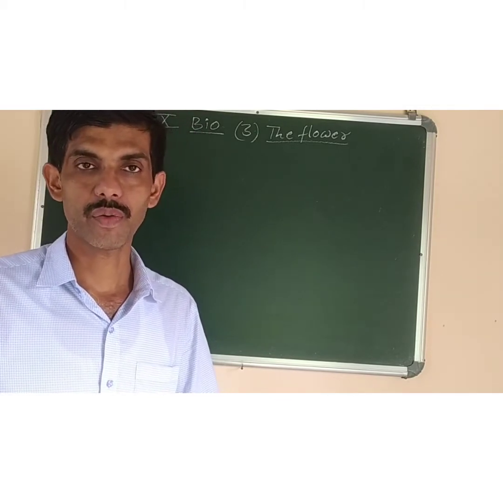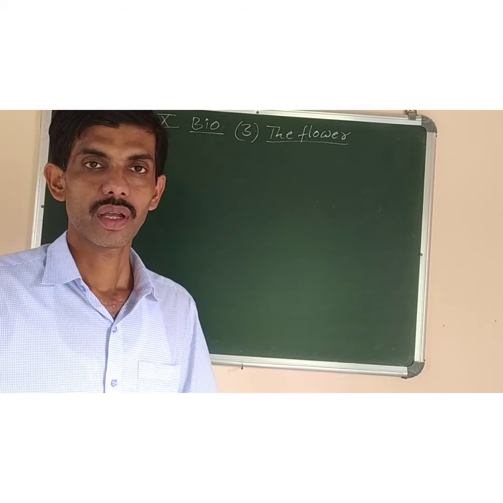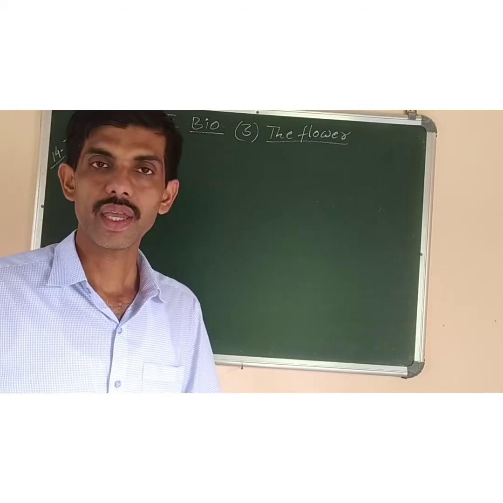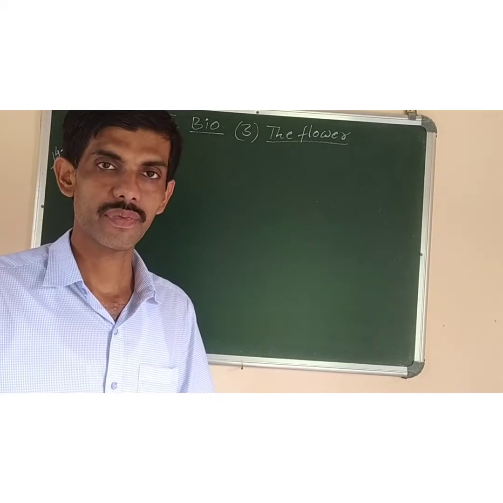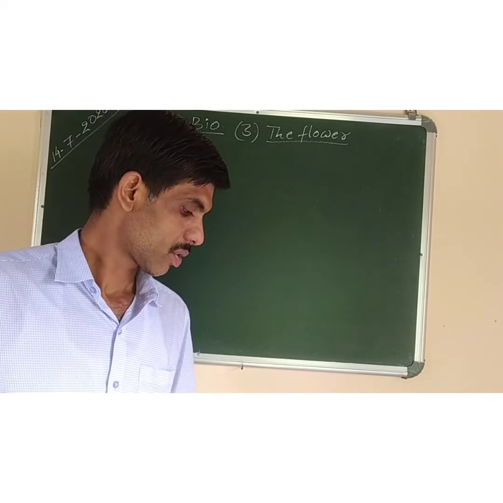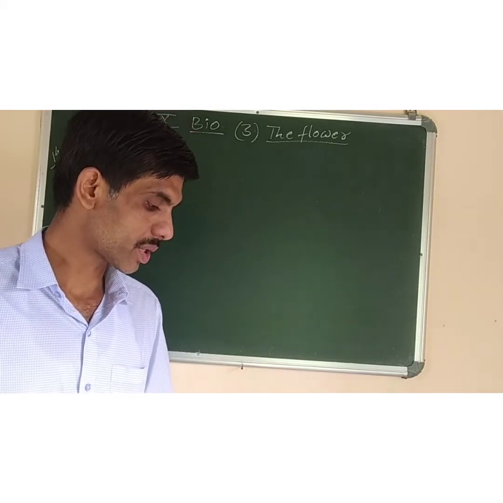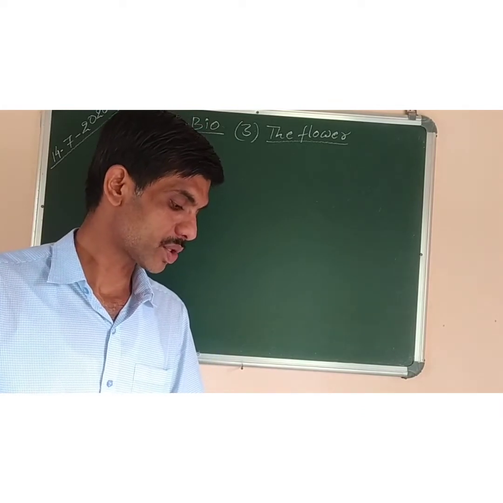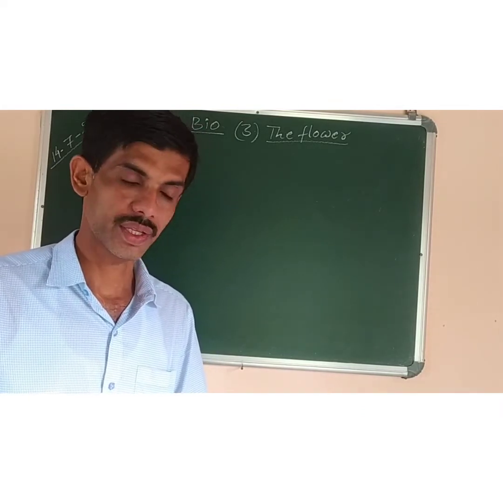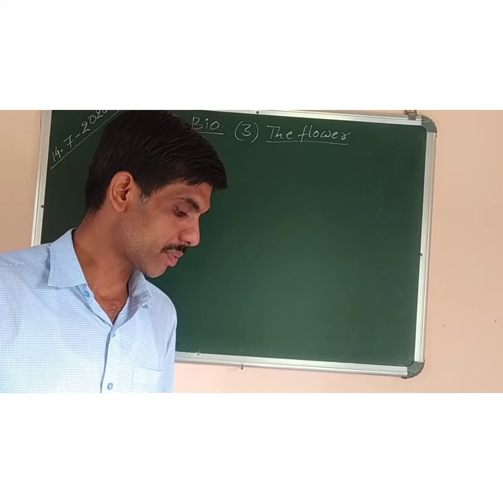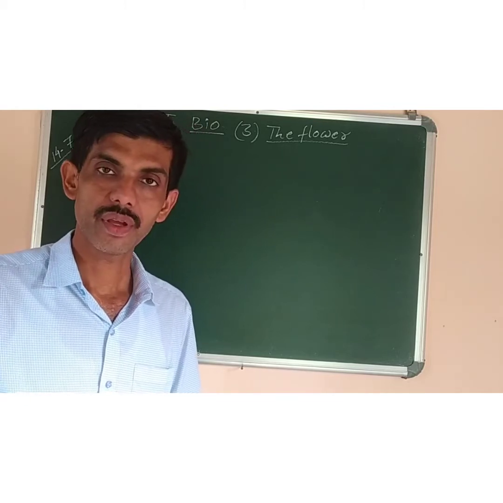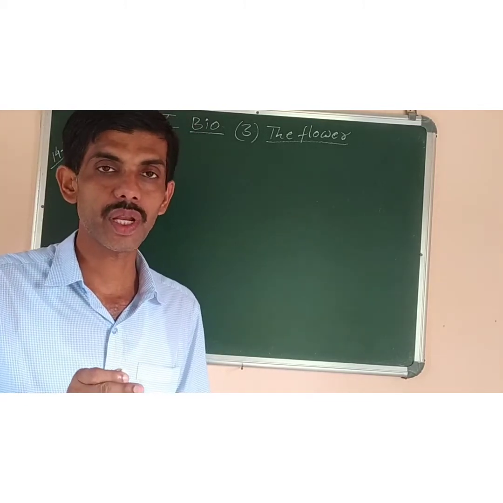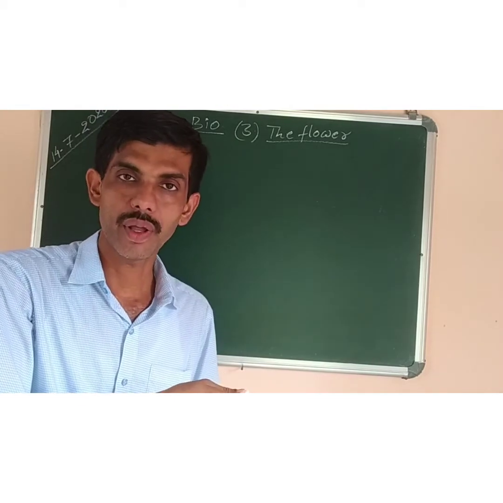Since most of you have already purchased the book, you can try writing the answers yourself. Like question number 1 already I said, short question. Then match the following. Adipose tissue, it matches with fat storage. Then comes differentiate between blood and lymph. Whenever you write differentiate between, write in the form of a table.